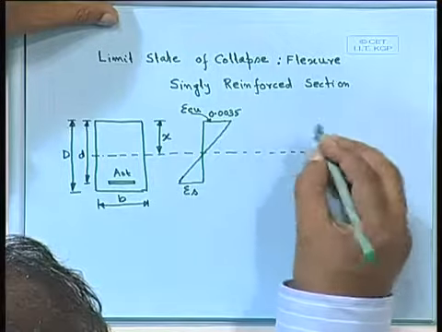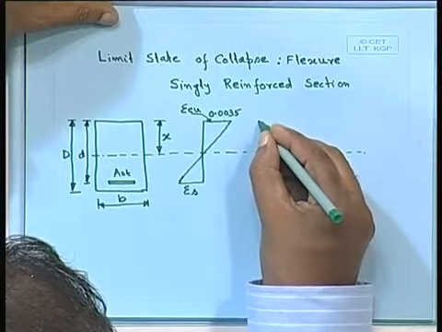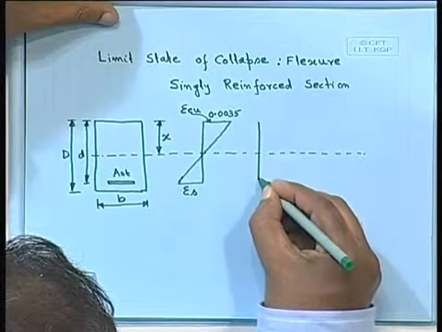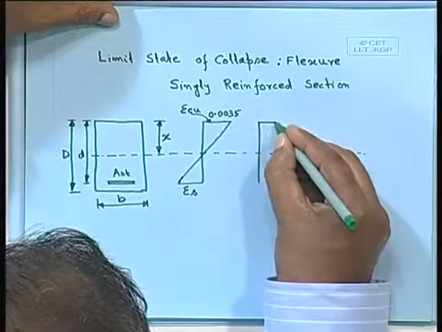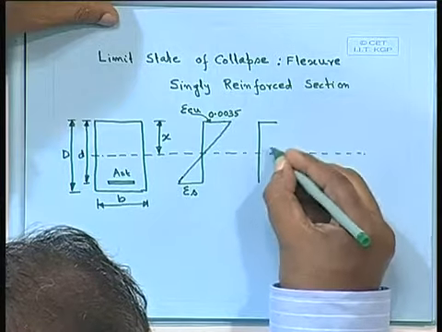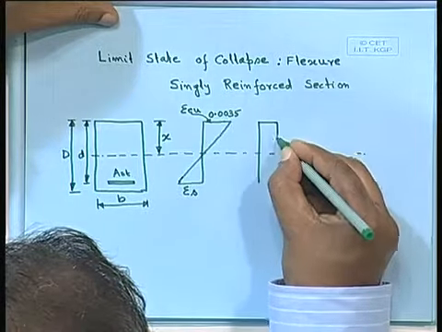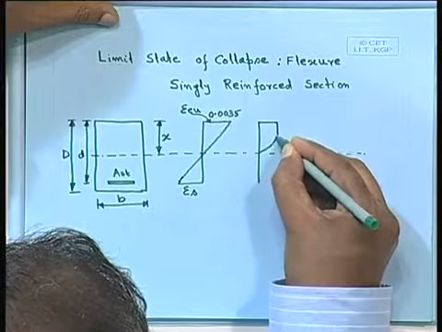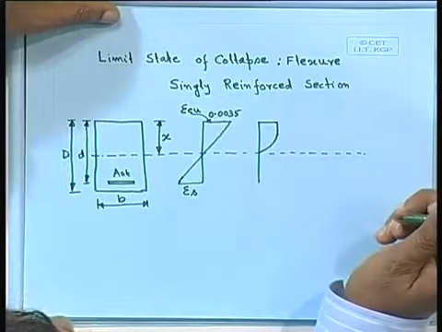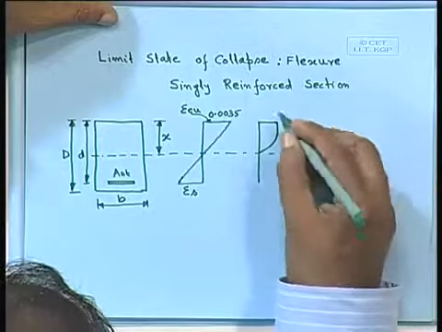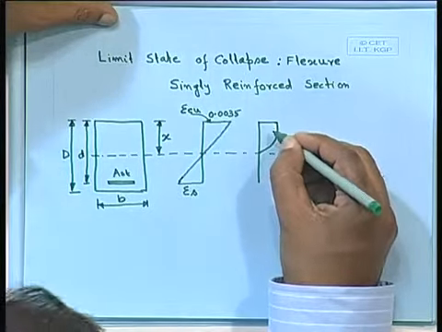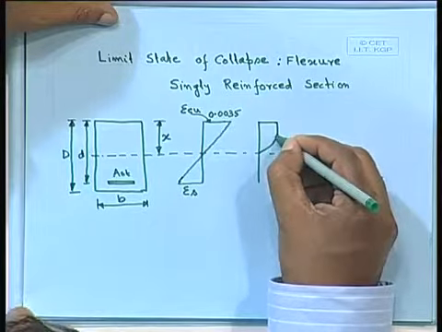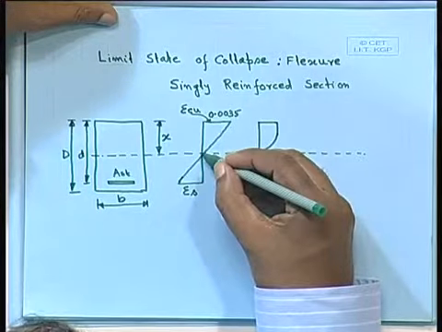What about the stress block? The stress block is the same one which we have shown, that curve. We have a maximum of 0.0035, and somewhere here 0.002, because we are starting from 0.